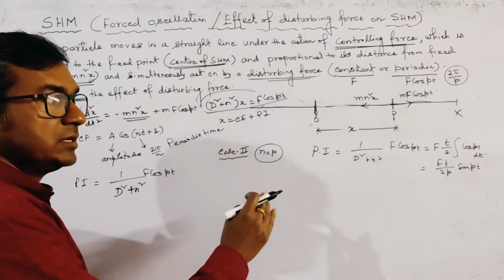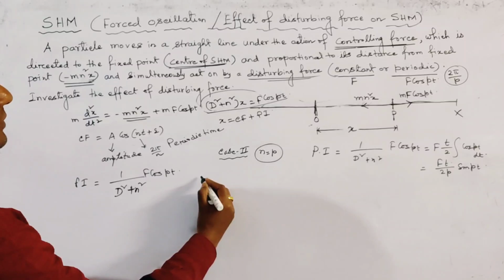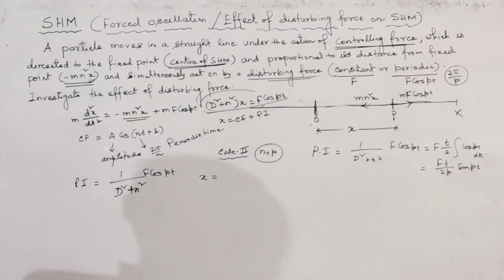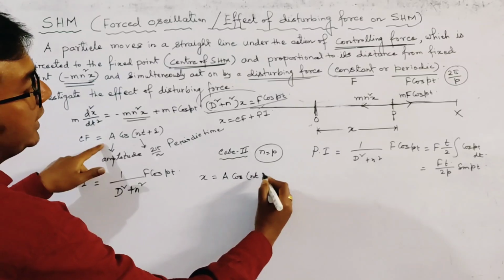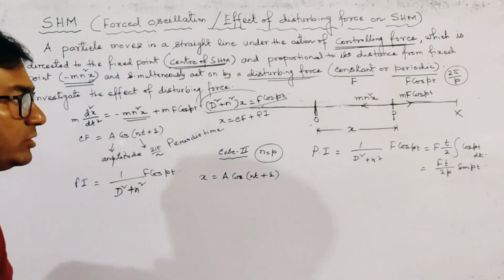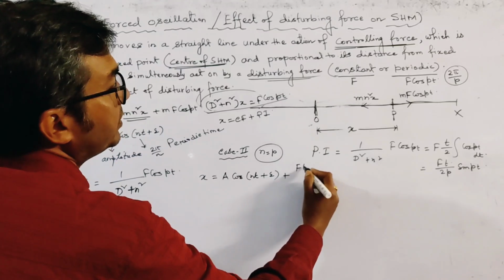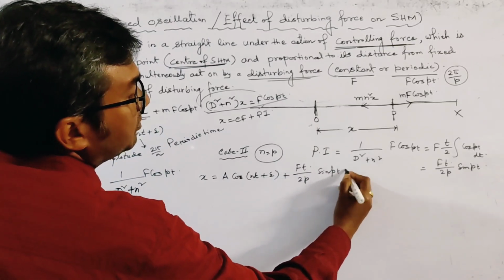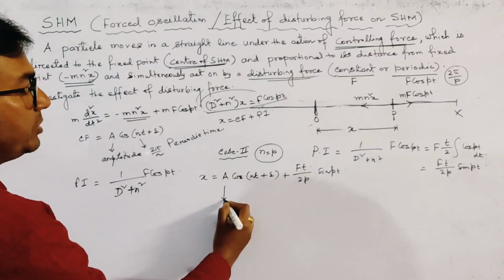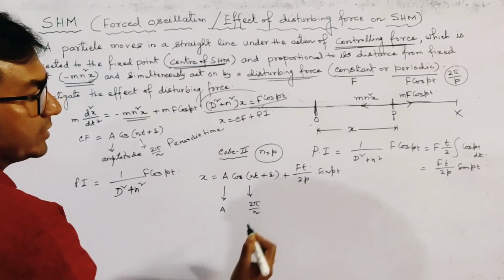And in this case, the general solution of the differential equation is given by x equal to, the same, a cos(nt plus epsilon), and for the particular integral, ft by 2p into sin pt. Here the amplitude is A and the periodic time is 2 pi by n.